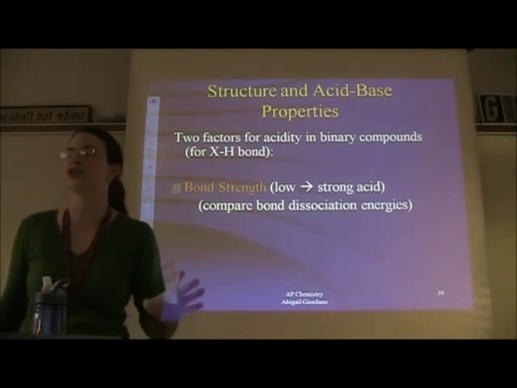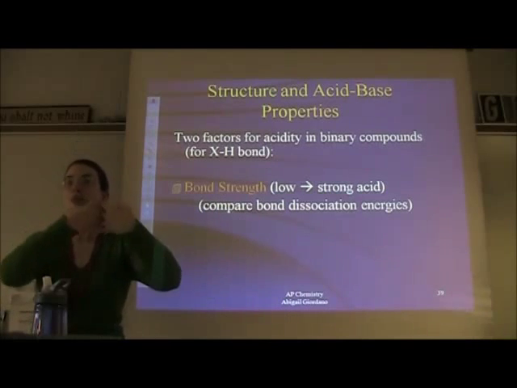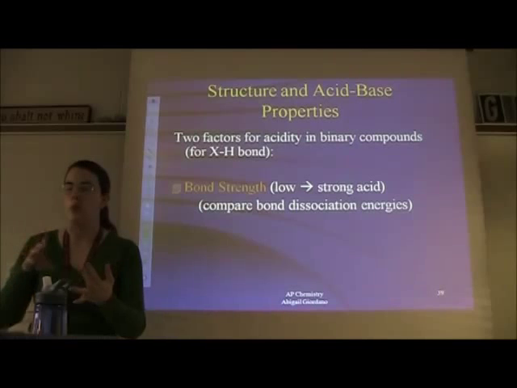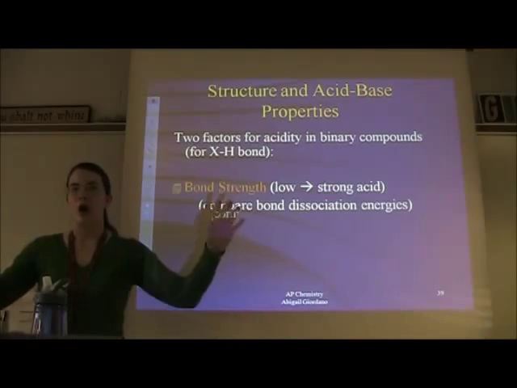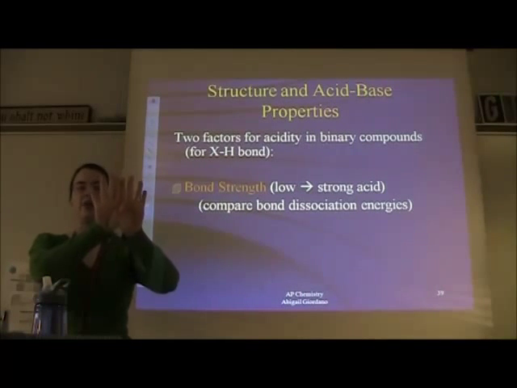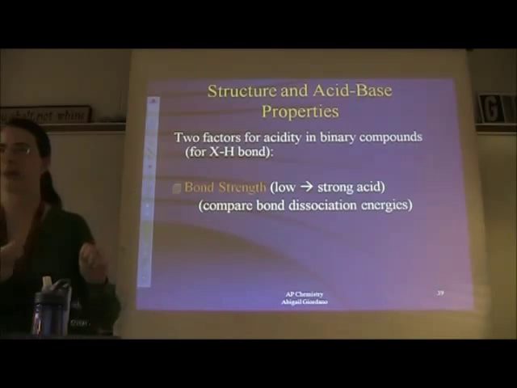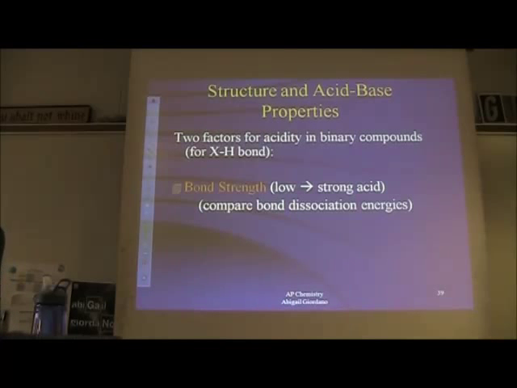Bond energy, remember, just means the energy required to break it. Weak acids and weak bases are weak, they stay together, because they have stronger bond strength. If it's a strong acid, the conjugate base is weak. So that would have a high bond.